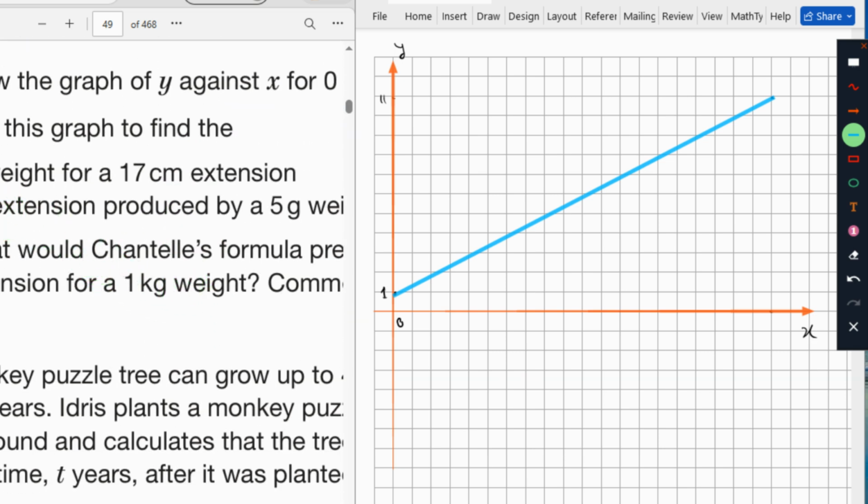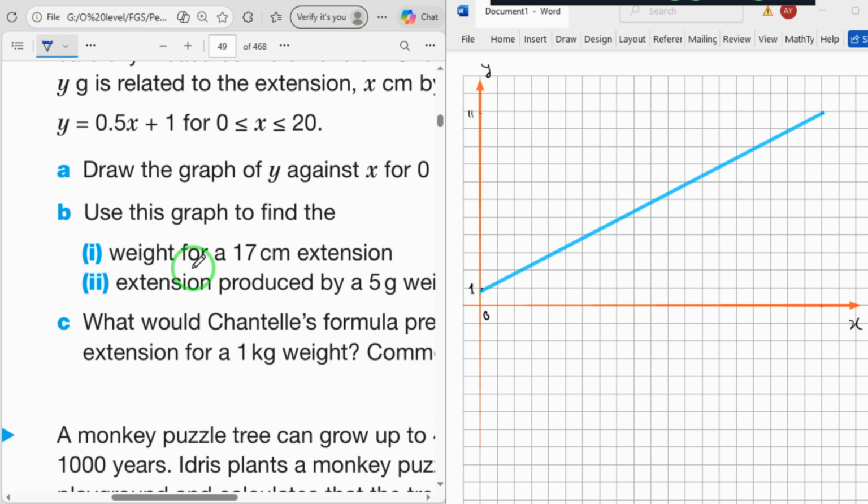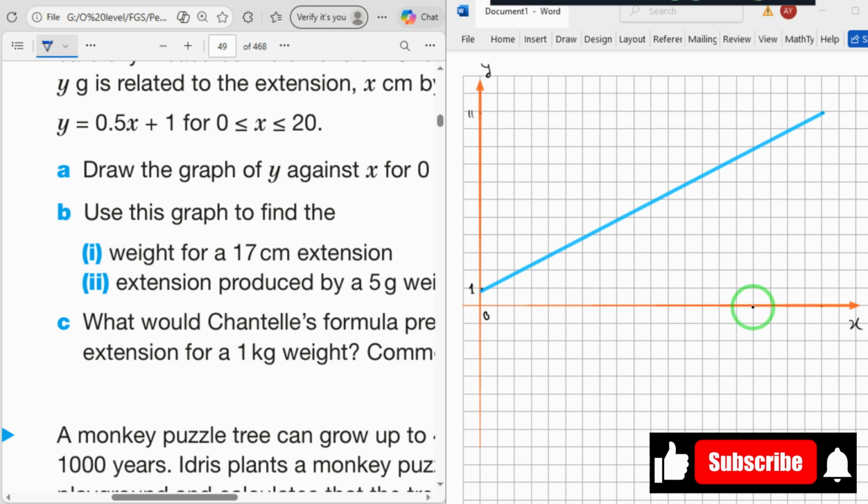In part B, section 1 said the weight for 17 centimeters. We find here 17 centimeters. To find the weight, we count from this point 1, 2, 3, up to 17.